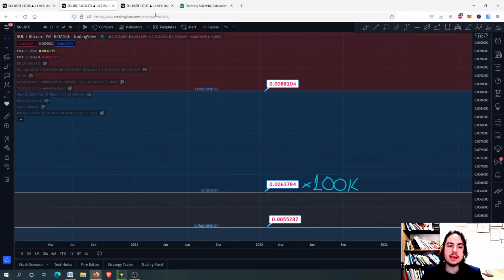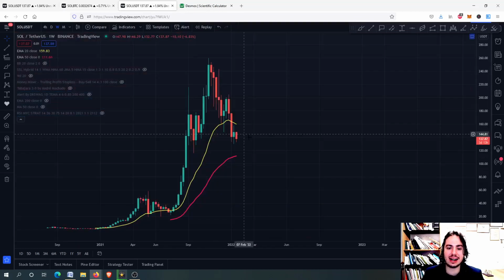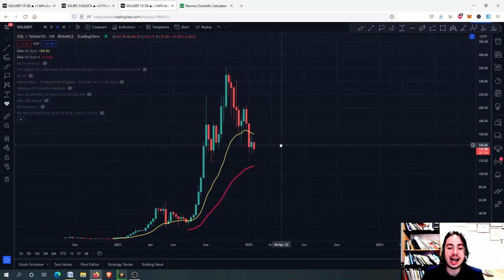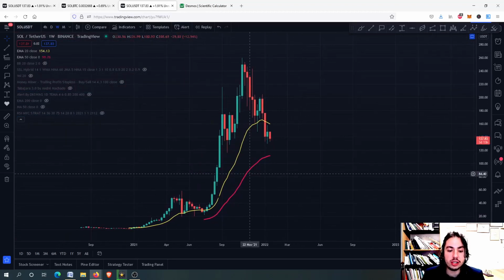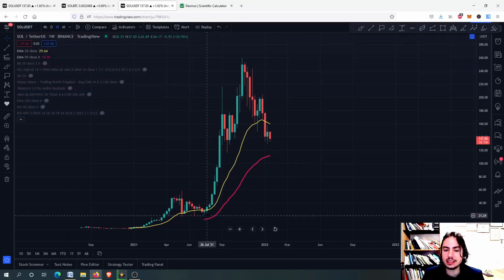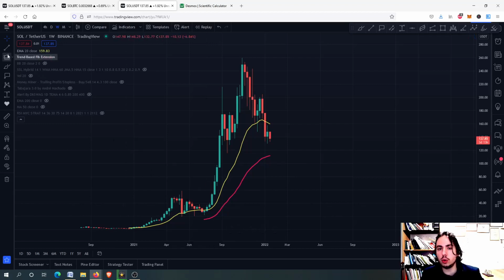For the time being though, let's go to the next targets and the possible price action for Solana against USDT on the weekly frame. This is for 2022. Of course, things will get easier if Bitcoin goes above the 69k, but either way we are going to try and find out. We are going to see some very important targets right there for Solana.